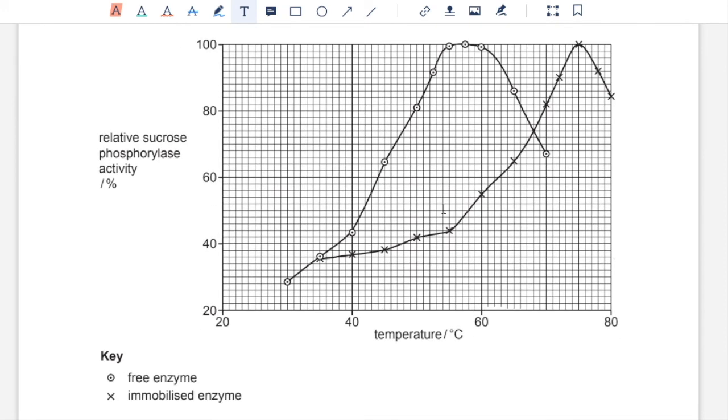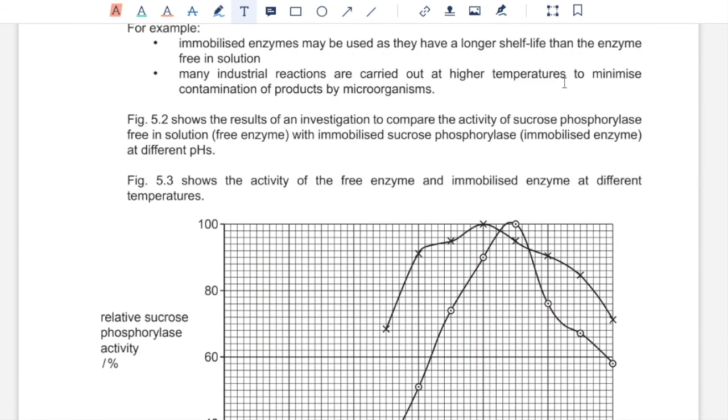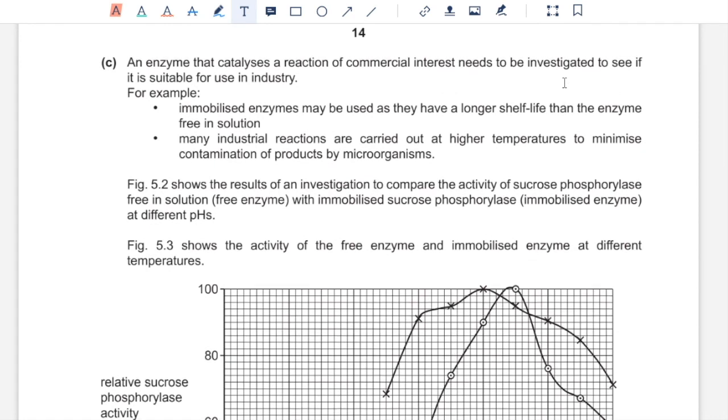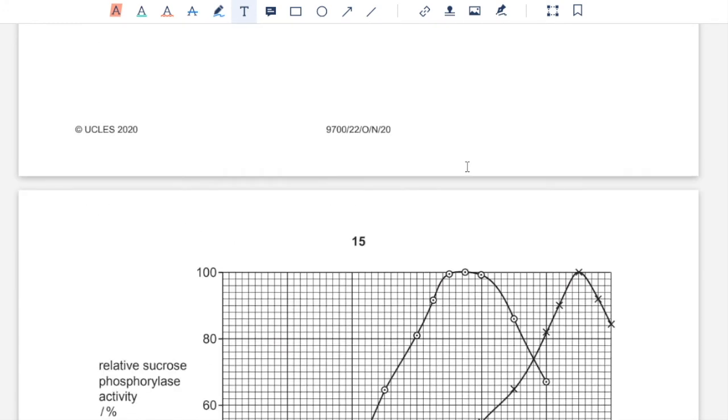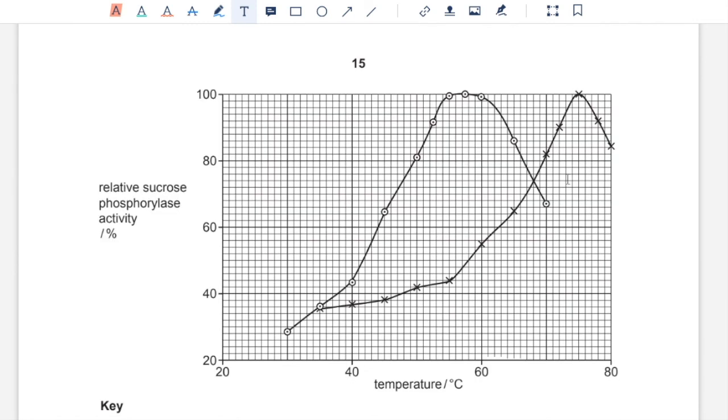Also, in temperature, we can see that immobilized enzyme has a higher optimum temperature, which makes it more suitable since, as the question mentioned, many industrial reactions are carried out at higher temperature to minimize contamination of products by microorganisms. So it would make a better option.